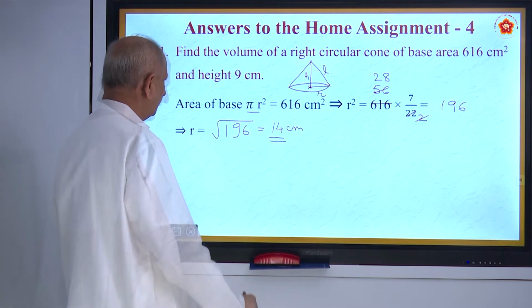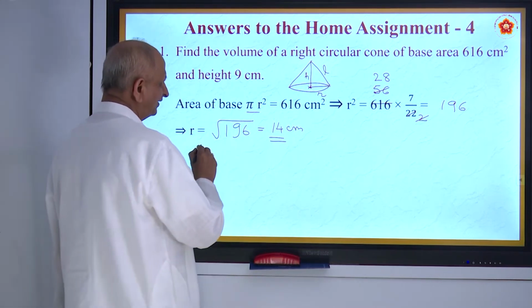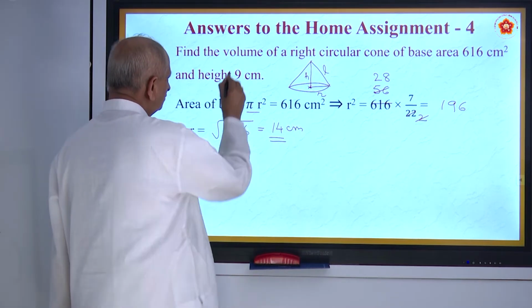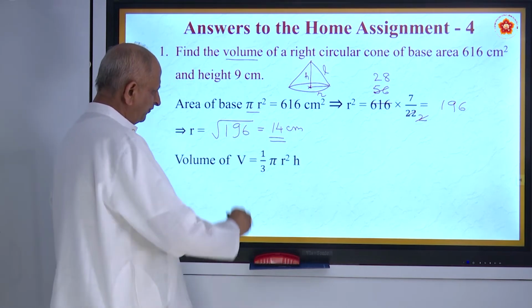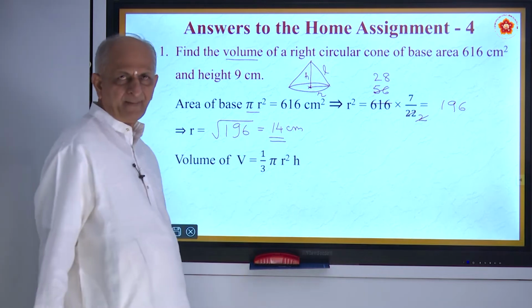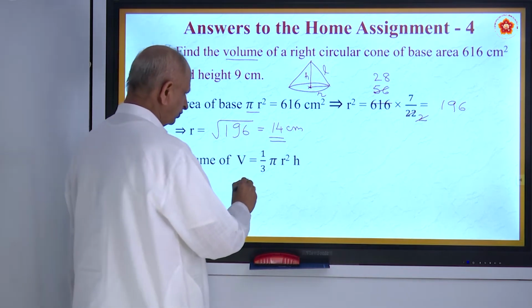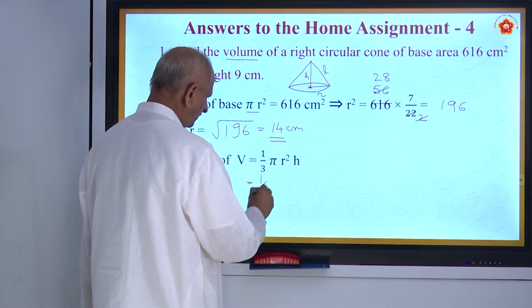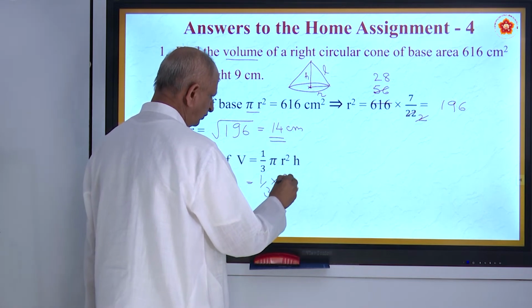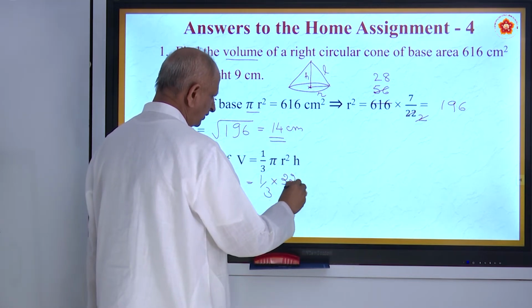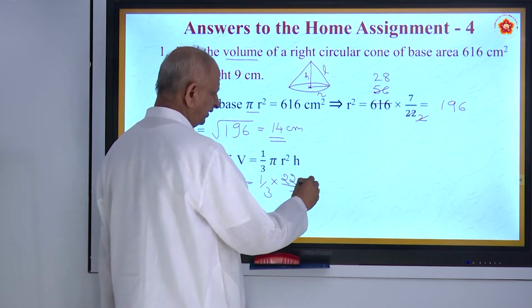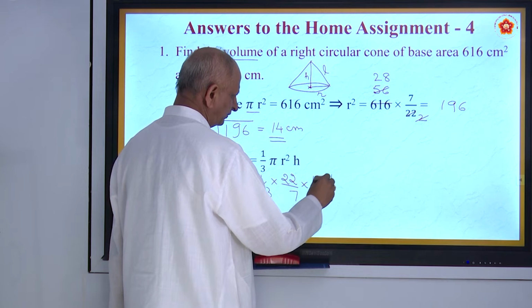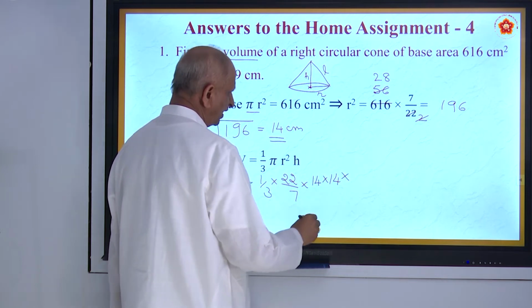Using this, you have to find the volume of the cone, they asked. Is it not? So what is the formula for volume? The volume formula is 1/3 pi r square h. So 1/3 into pi. Pi is 22 by 7 into r square. What is r? 14 into 14 into h.